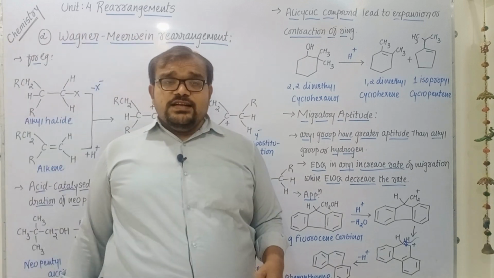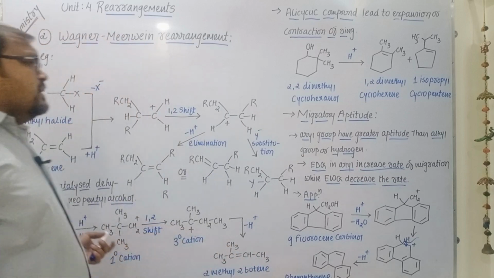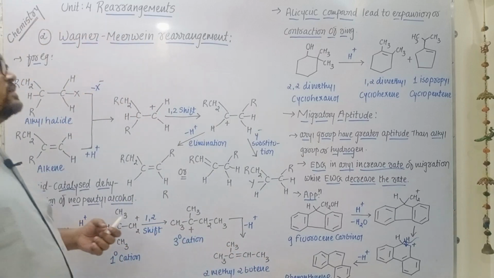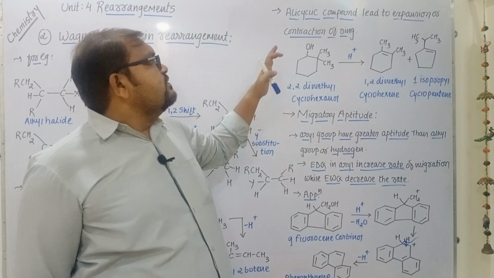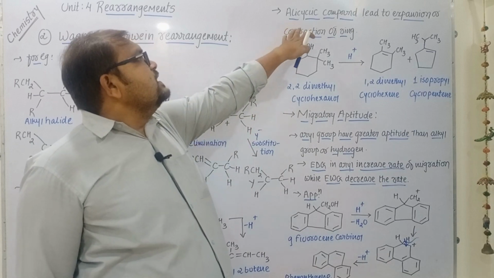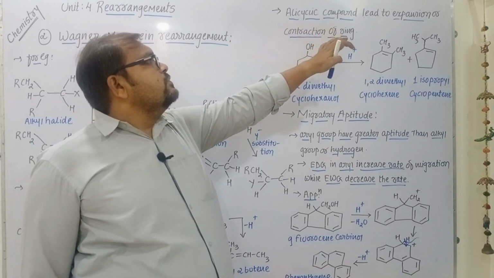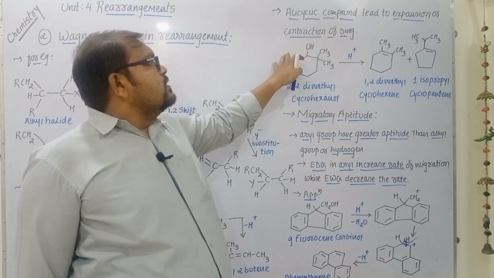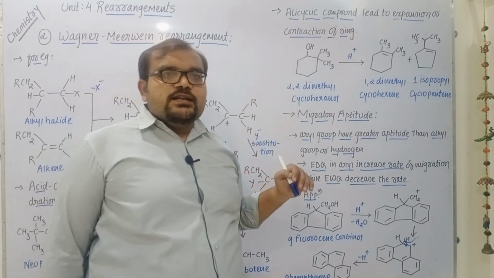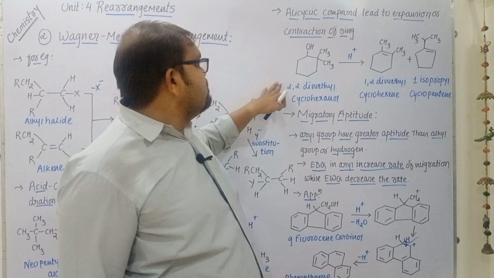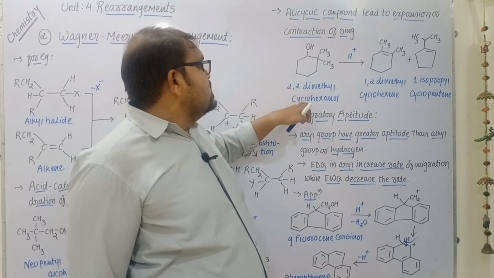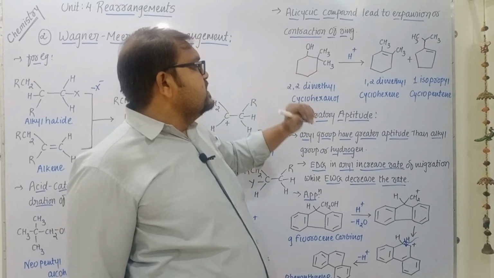Now, as we discussed the acid catalyzed dehydration, there is one more case in Wagner-Meerwein, as alicyclic compounds lead to expansion or contraction of rings. This can be better explained with the help of the example of 2,2-dimethyl cyclohexanol, as we can see here, right?